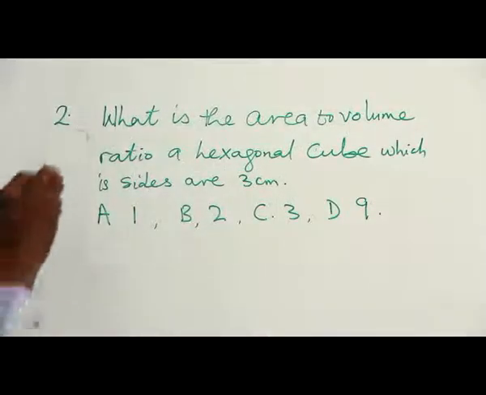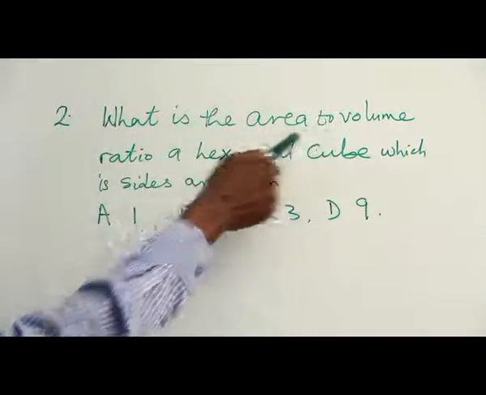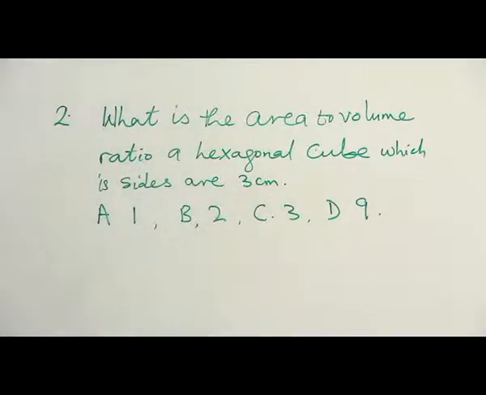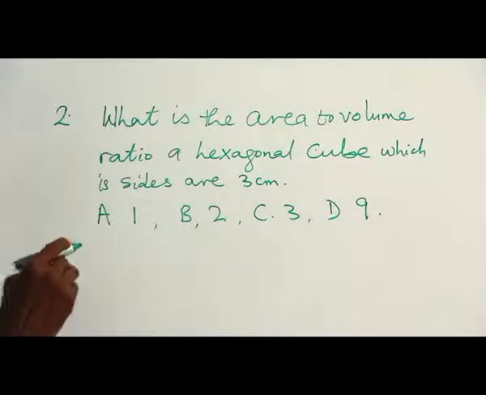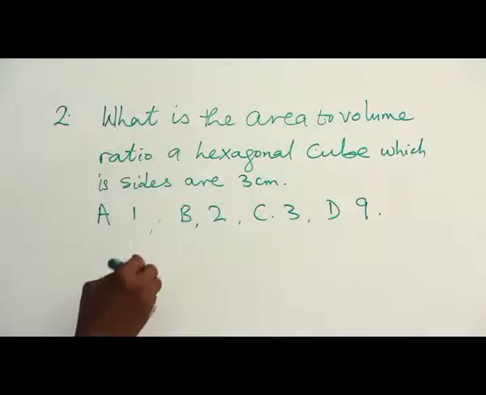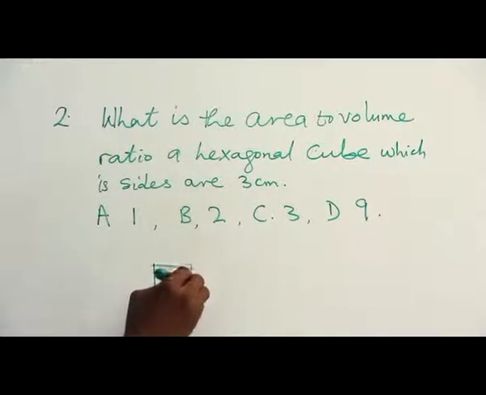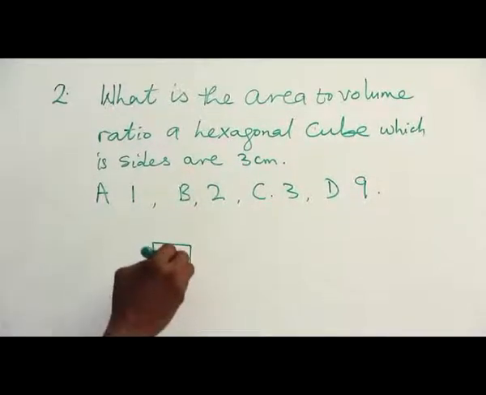Example 2. What is the area to volume ratio of a hexagonal cube whose sides are 3 centimeters? Now, the size of the cube is 3 centimeters, having 6 sides.